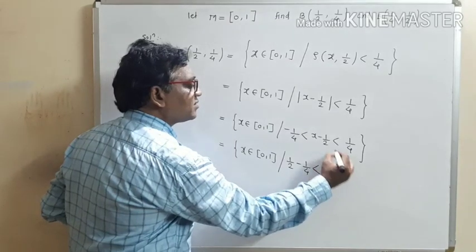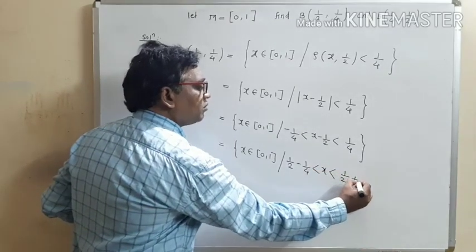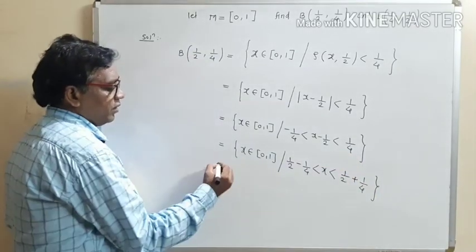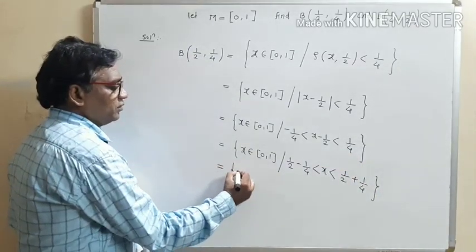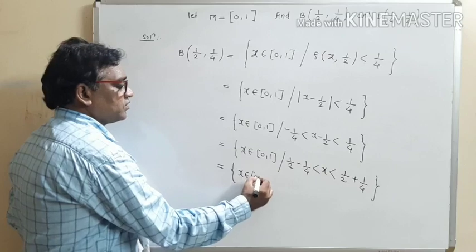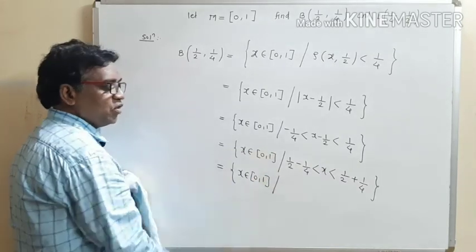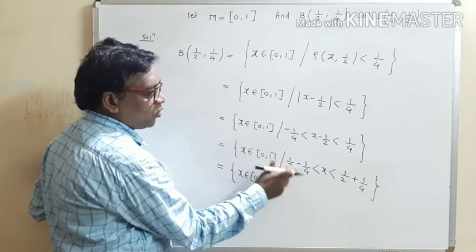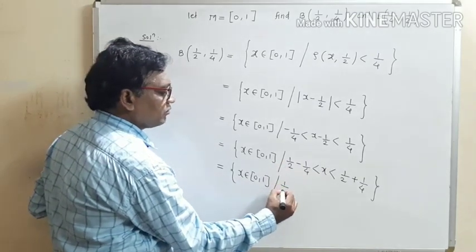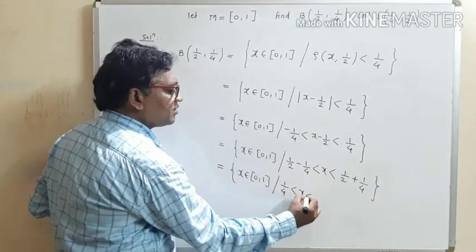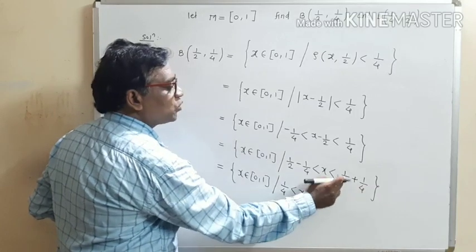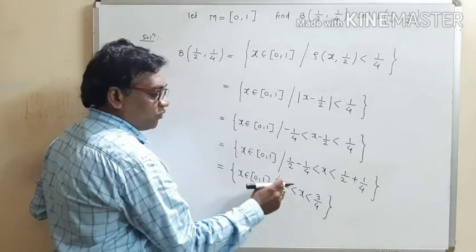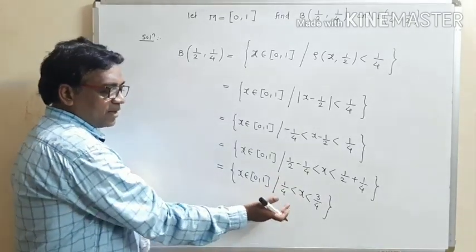So this is less than x, which is less than 1/2 plus 1/4. Now 4 is the LCM. So 2 minus 1 gives 1/4, less than x, less than 2 plus 1, which is 3/4. So 1/4 is less than x, less than 3/4.